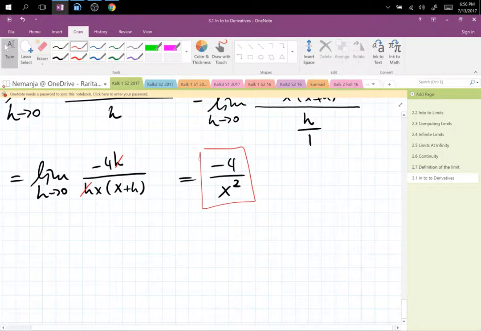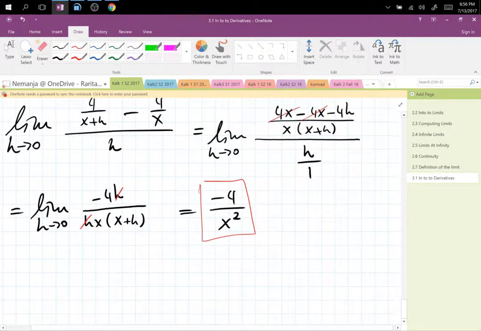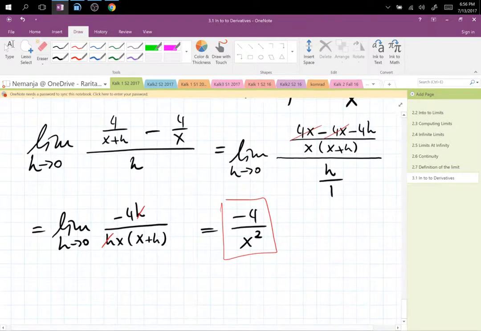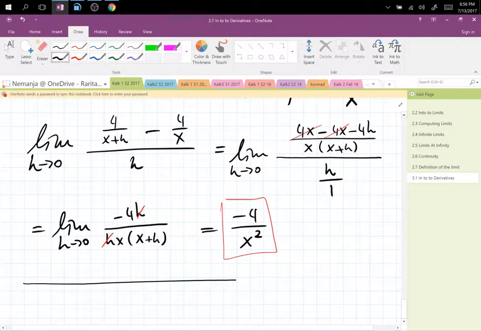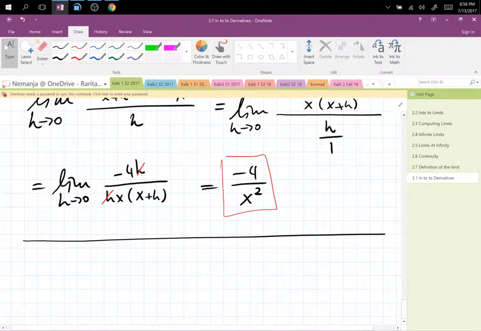Since you love these fractions so much, let's do one from the textbook. This is problem 26. And it says f of x is equal to x over x plus 1.